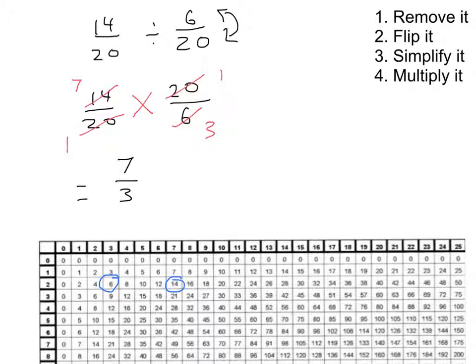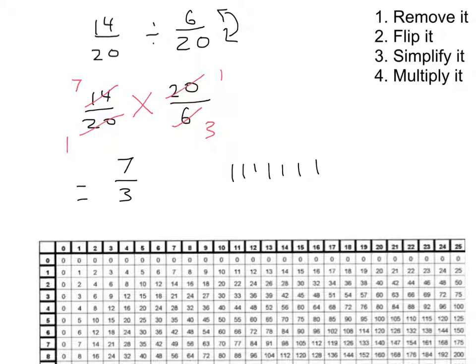Okay, so now we need to ask the question, how many groups of 3 go into the number 7? Now we know if we look at the times tables that the multiples of 3, there is no number 7 in there, okay? But we want to find out still, what's the most groups of 3 that can go into the number 7? Now, if I just give you an example of what I mean.